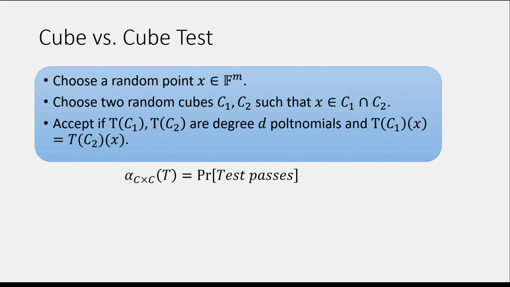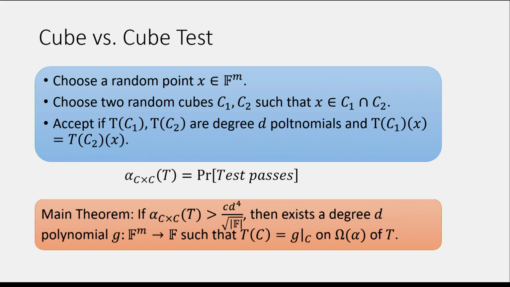Again, we denote by alpha the success probability. Our main theorem is that if alpha is larger than 1 over the square root of the field size, I mean some polynomial in D, then there exists a degree D polynomial G such that T of C equals the restriction of G to C for an omega alpha fraction of the table. So this is the main result.